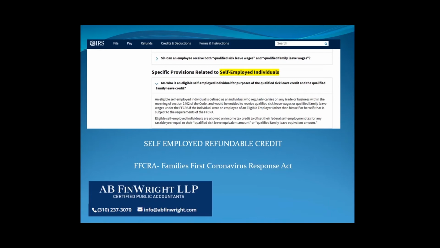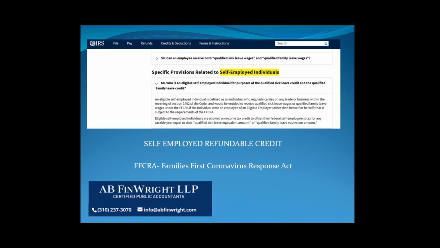Whichever is less, $200 or 67% of that amount, that's the amount that you get as a refundable credit. Okay, so bottom line, think of this as an additional amount that you can take advantage of. I think what you're going to find is it'll be much less than the amount that you think it's going to be.